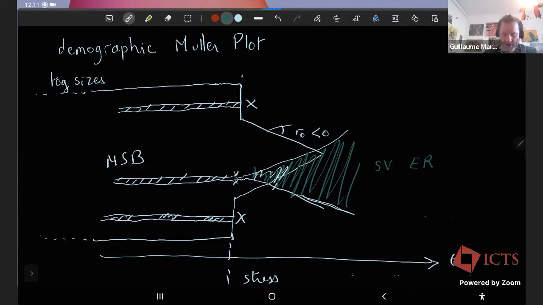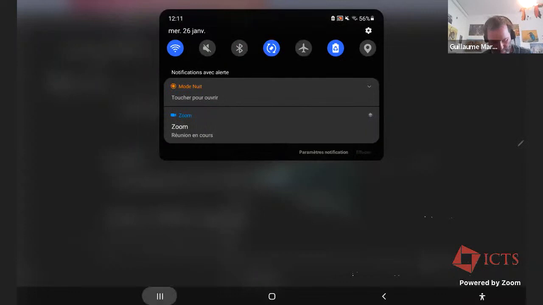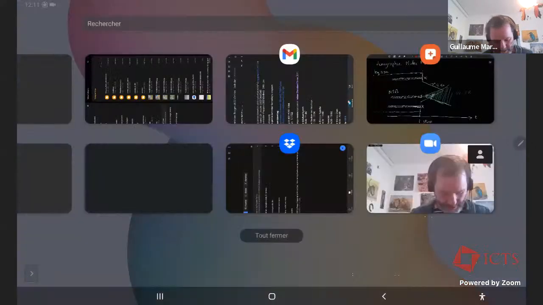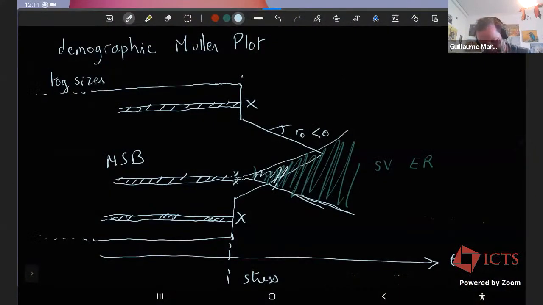So first, we need to know the amount of lines that are present at the onset of stress. As we saw, if in the initial population the frequency was at equilibrium, it was equal to mutation rate over cost. So that was the frequency here of my mutants.